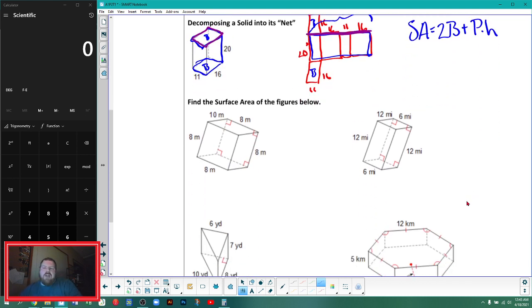Now, I want to find those three things before I just go trying to plug things in. So I want the area of the base, capital B stands for area of the base. Let me actually put these here. This is area of base. This is perimeter of base.